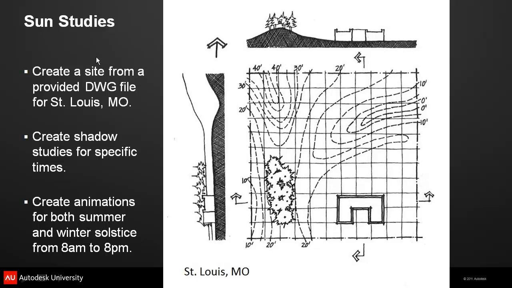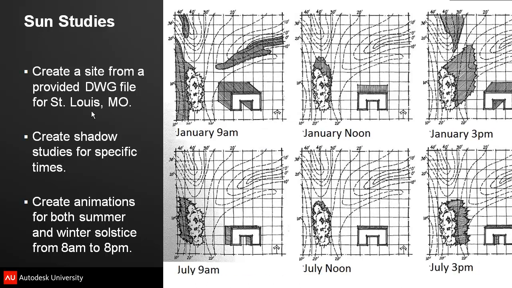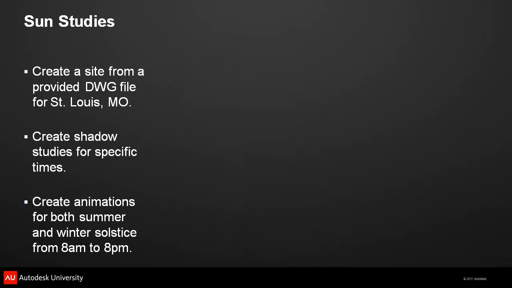So under the sun studies, we'll create a site from a provided drawing for St. Louis, Missouri, and we'll create shadow studies for specific times. And we'll create animations for both summer and winter solstice. The site looks like this. And in the illustrations, it would look like the shadows are shown falling on the site for different times of the year.